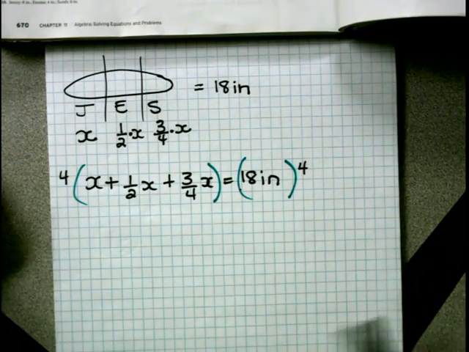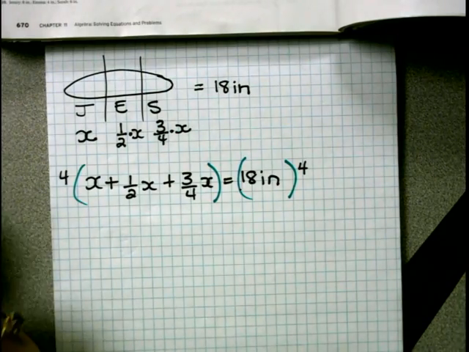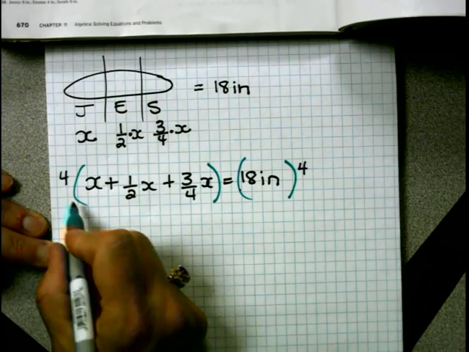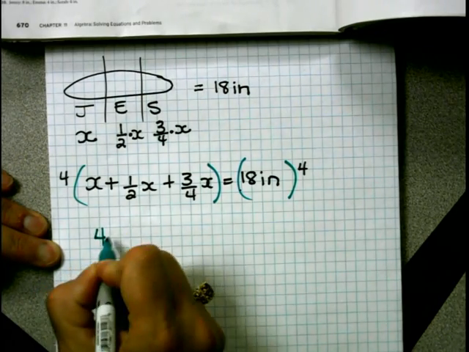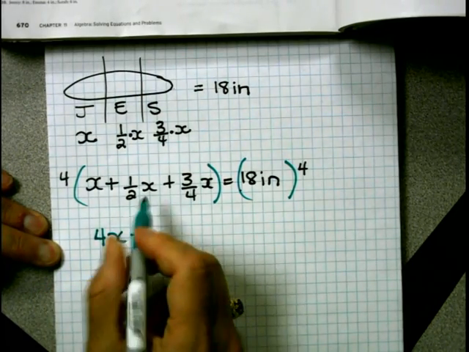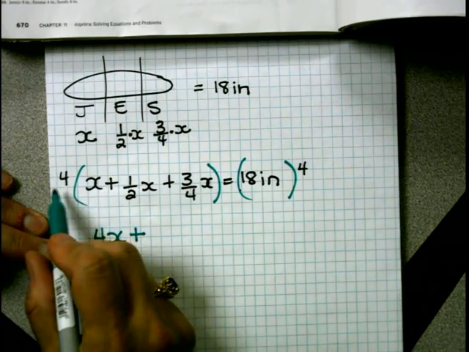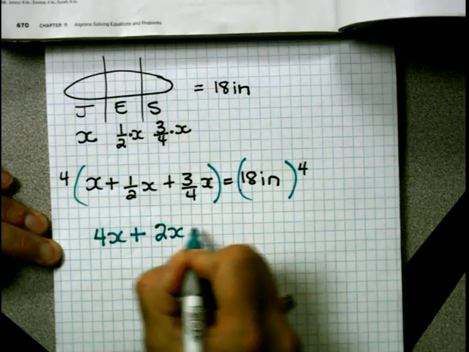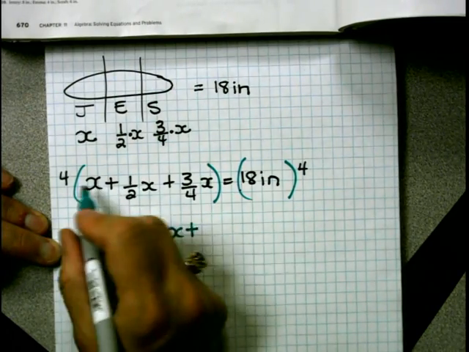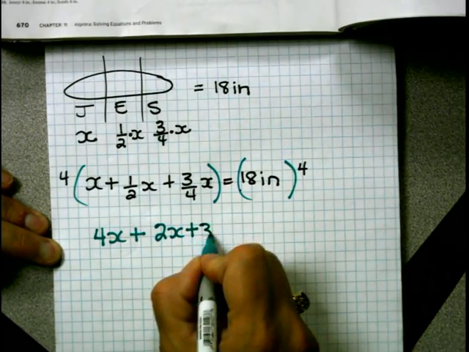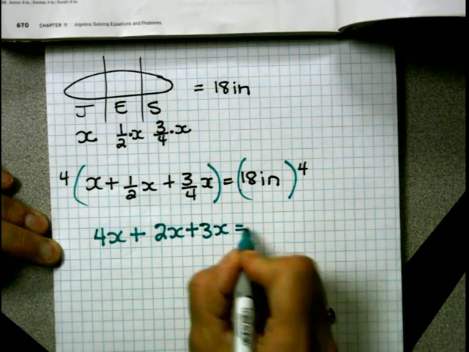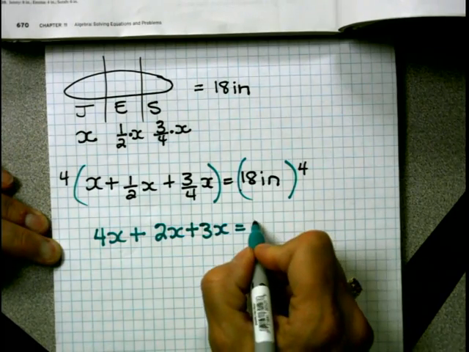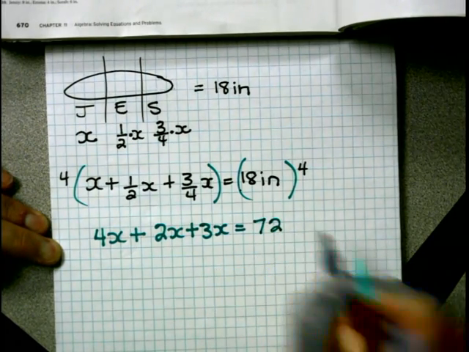So we're going to multiply each of these values by 4, remembering that we have to multiply each and every one. So 4 times X is 4X, and 2 goes into 4 twice, so 4 times 1/2 X is going to be 2X, and 4 and 4 will cancel, so we end up with 3X is equal to 18 times 4, which is 72.